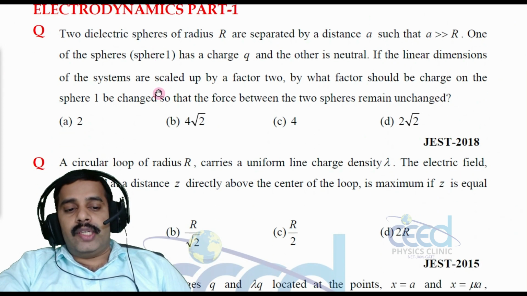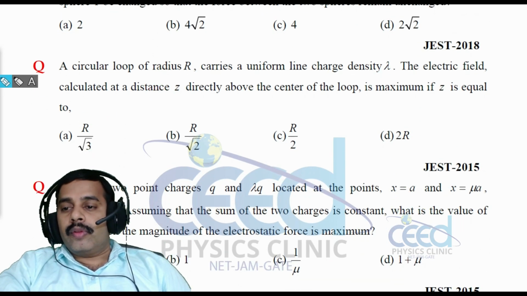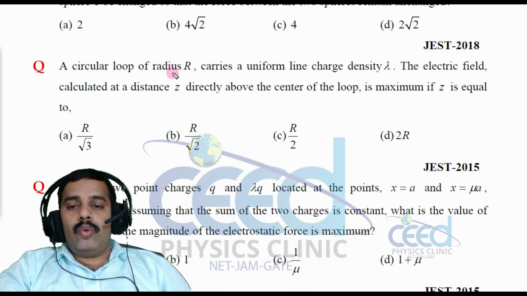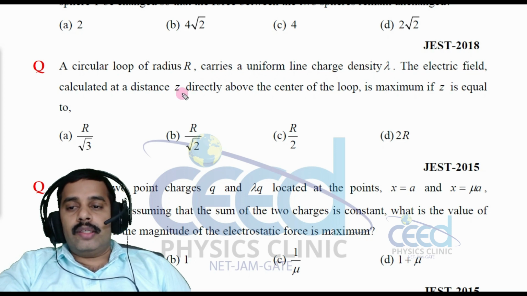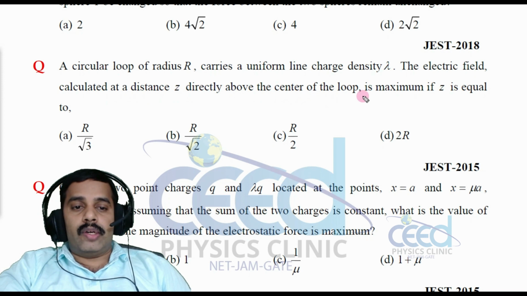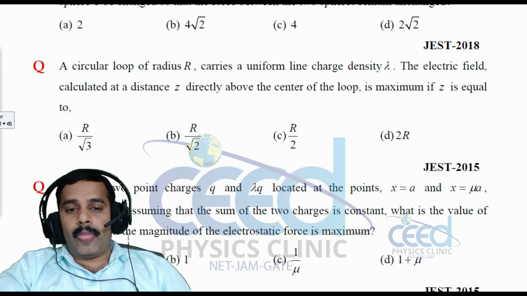Now the second question is: a circular loop of radius r carries a uniform line charge density lambda, and the electric field calculated at a distance z directly above the center of the loop is maximum if z is equal to what?